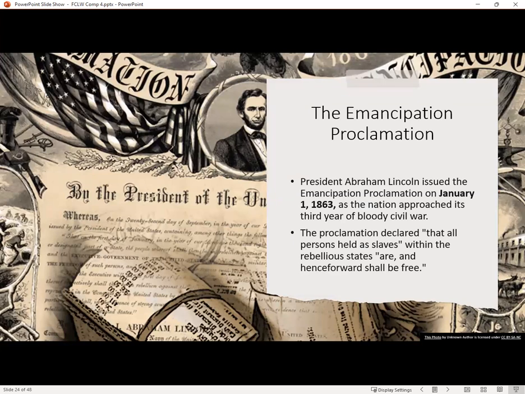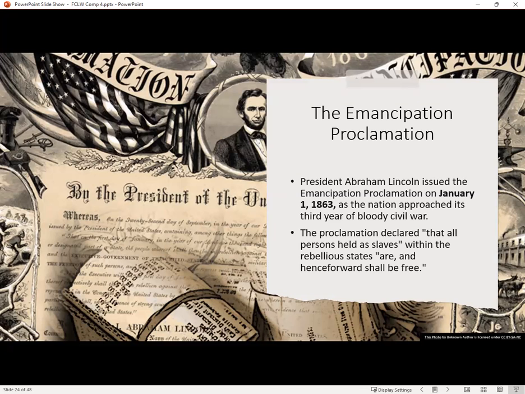Then Lincoln in 1863, this was the Emancipation Proclamation, is an executive order. And a lot of people think he freed all the slaves, but he really didn't free all the slaves. He freed the slaves that were in the rebellious states: "are henceforth and shall be free."